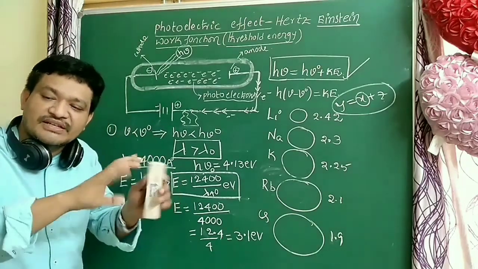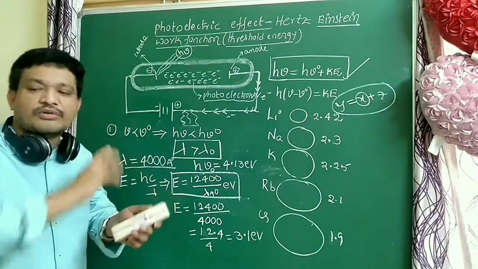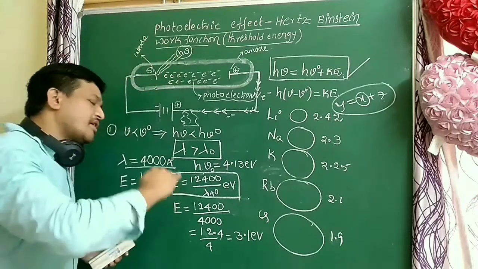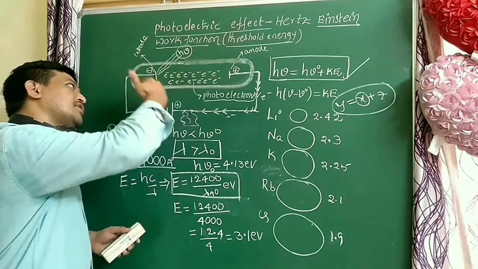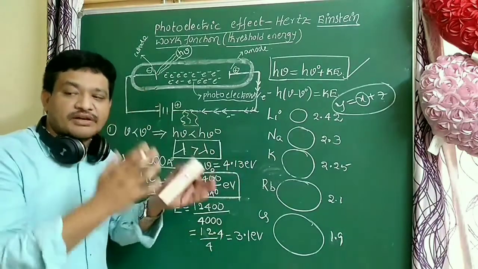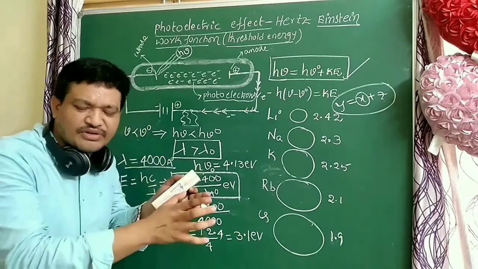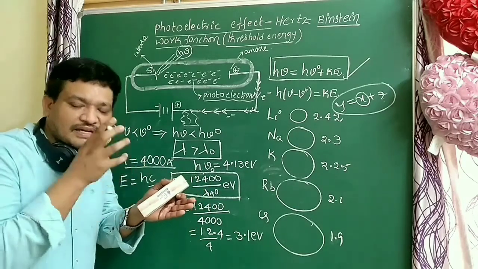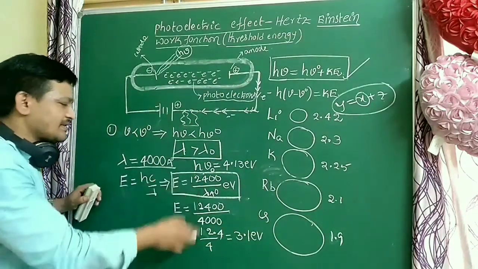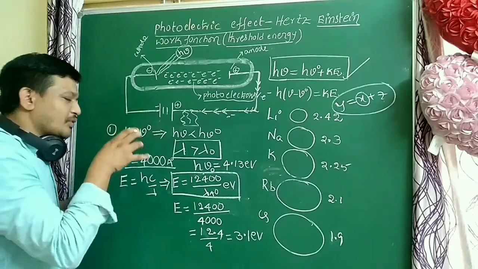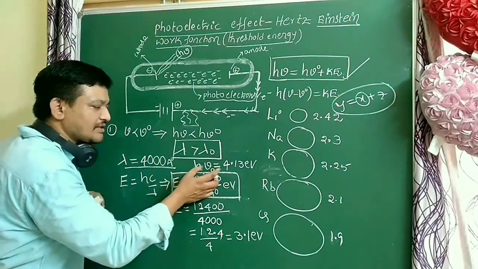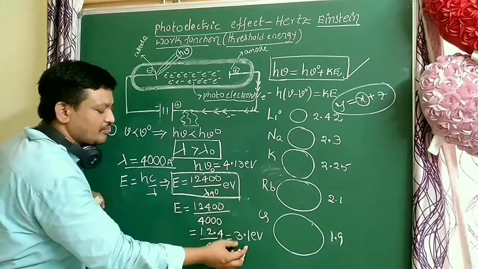At that time, are electrons released? No, the electrons are not released. Light may fall on the metal surface from morning till night, but the metal won't give electrons, because the energy is not sufficient. Here the light energy is very less compared to the required energy. So the photoelectric effect does not take place for this metal. Here the metal's threshold energy is 3.4, and here 3.1 is there.